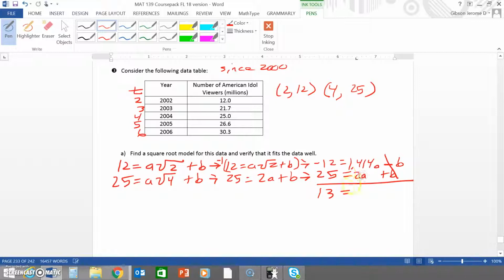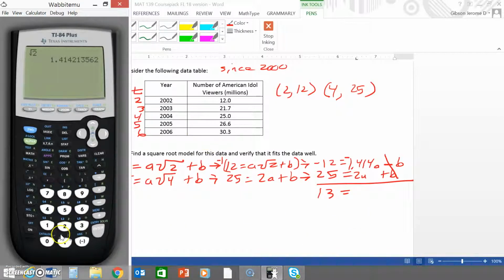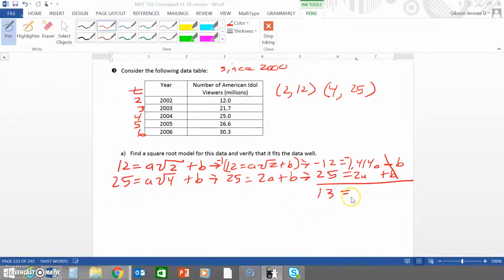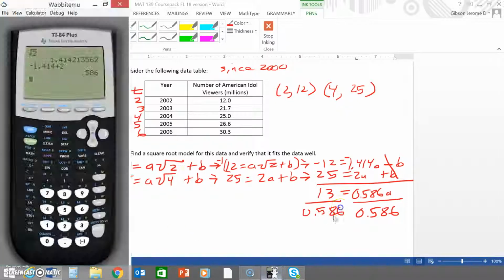So now we will have -1.414 plus 2, and that gives us 0.586. And don't forget the A. And then we would divide each side by 0.586. We can put that in our calculator.